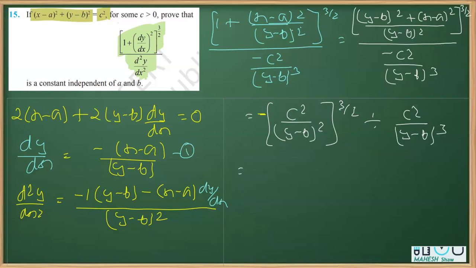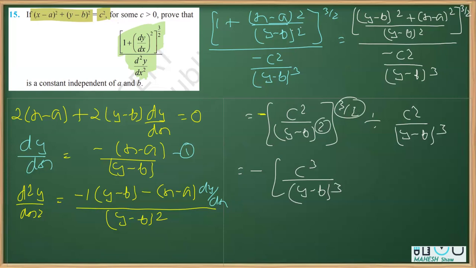Now for further simplification, you can see that if I apply this power over there, this and this will get cancelled. So we'll get minus outside. So this is c raised to the power 3, and below we'll get (y minus b) raised to the power 3. Once again, if I apply this power over here, 2 and 2 get cancelled, so we'll get (y minus b) whole cube.